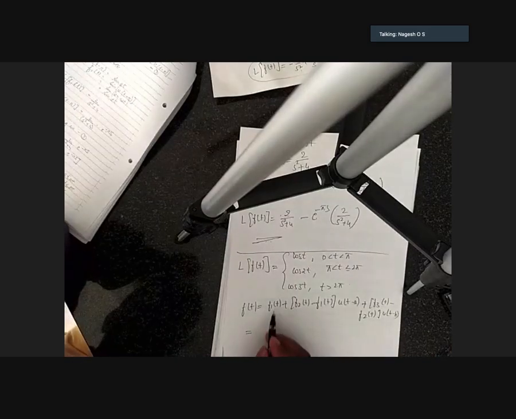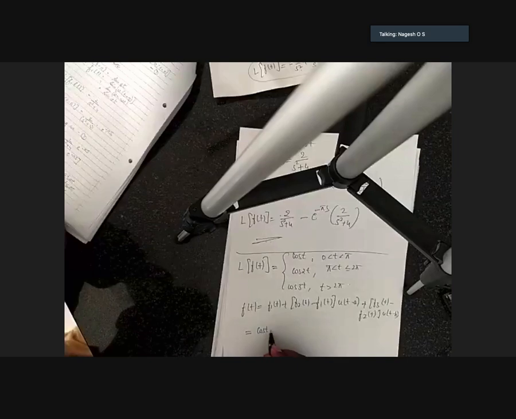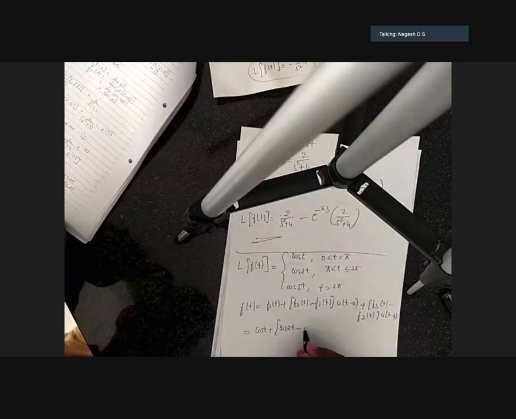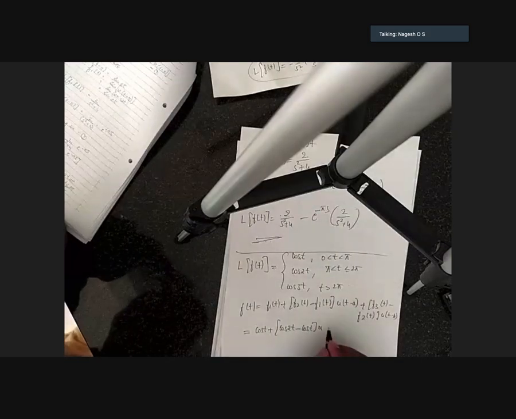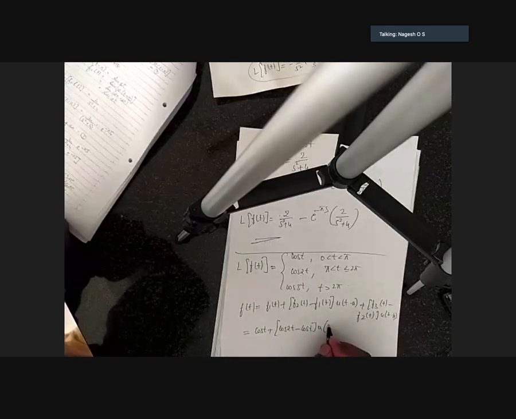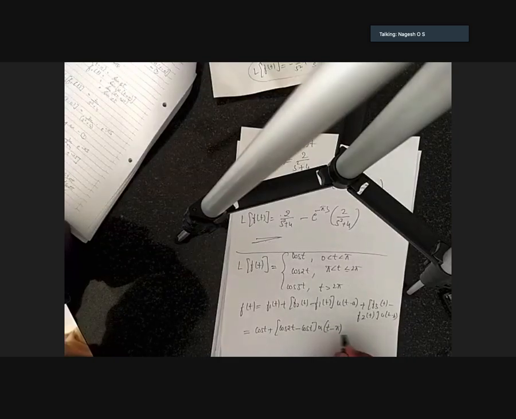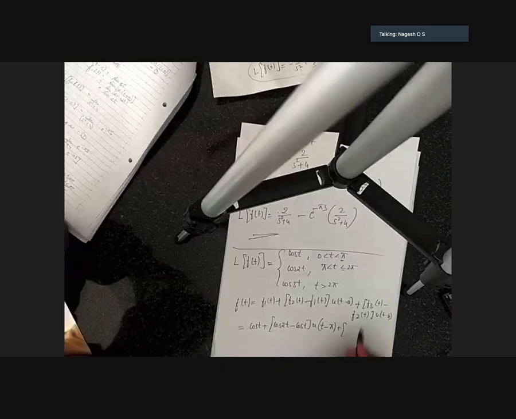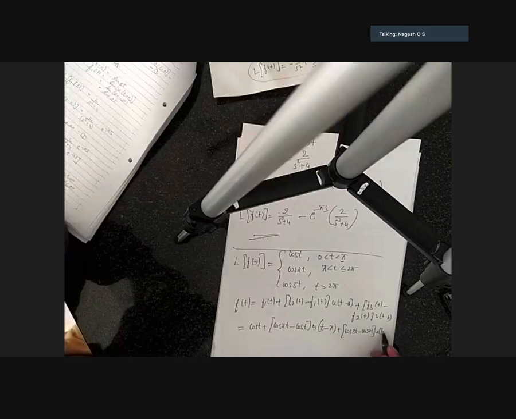So f1 of t is cos t plus f2 of t is cos 2t minus cos t, u of t minus pi, where a is pi, plus f3, that is cos 3t minus cos 2t, u of t minus b.